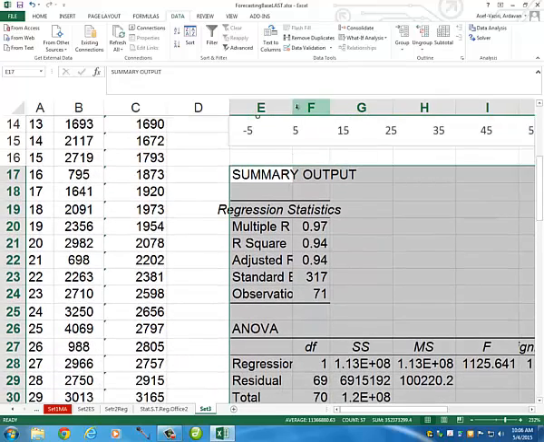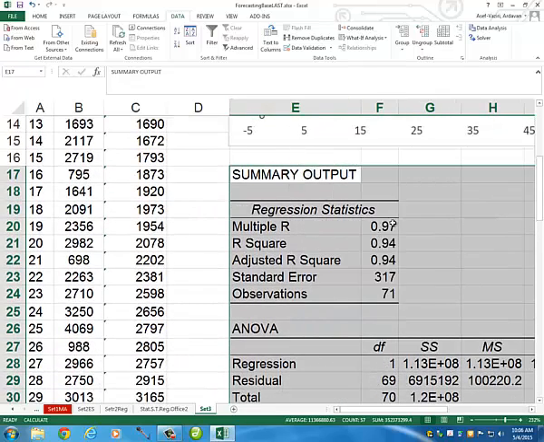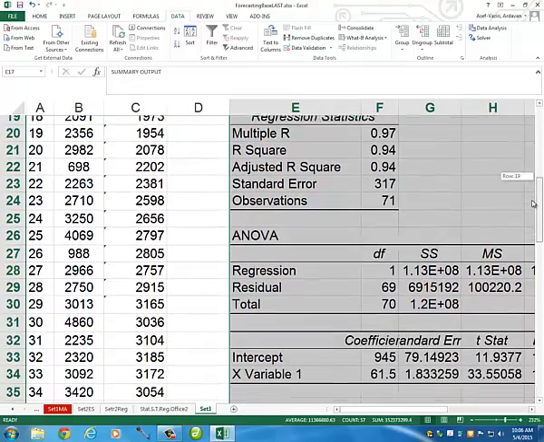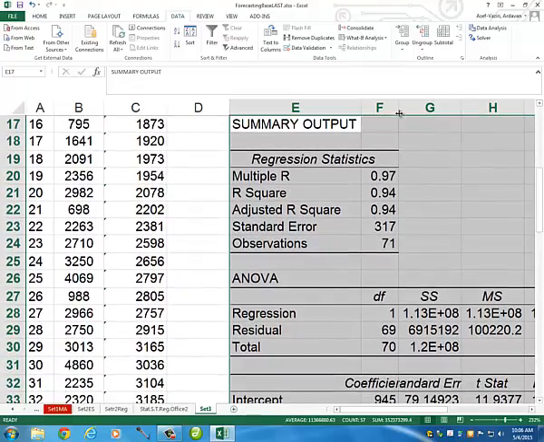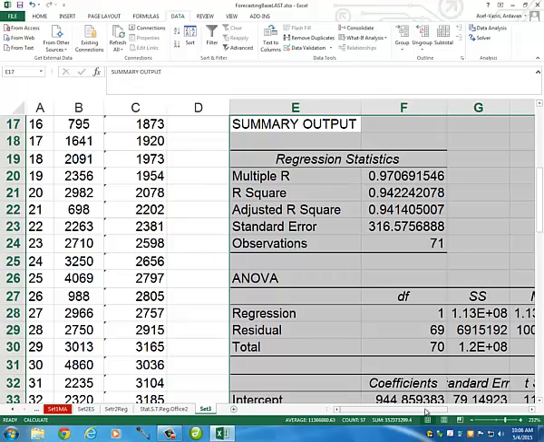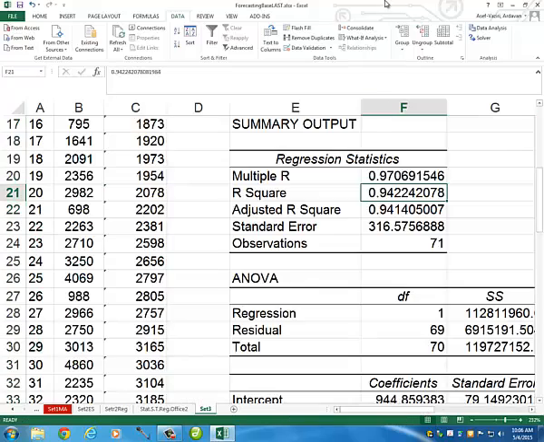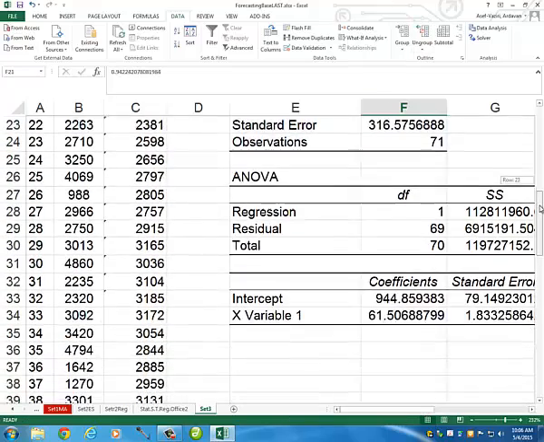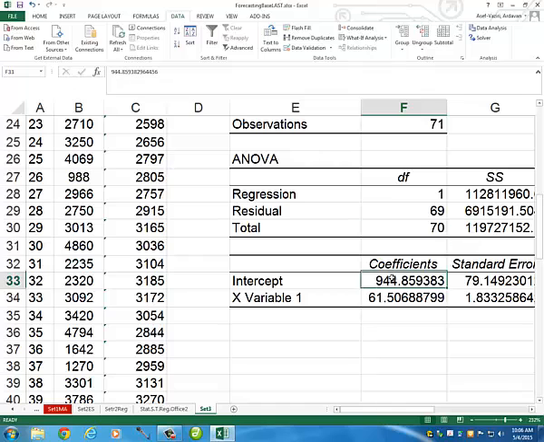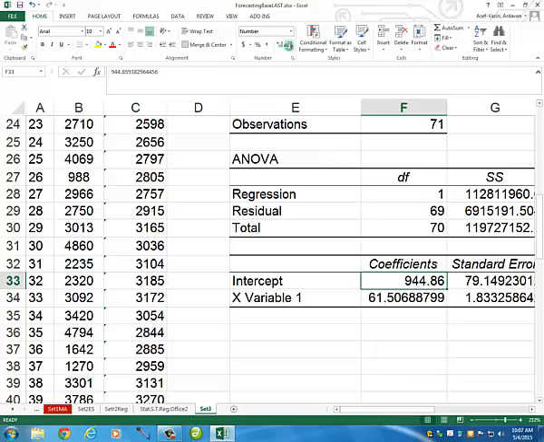In regression analysis, we should look at all of the output, but there are some pieces of data which are more important to us, and we look at them first. The first number is the intercept, which is here. Let me remove a few decimal points. And this is the slope.